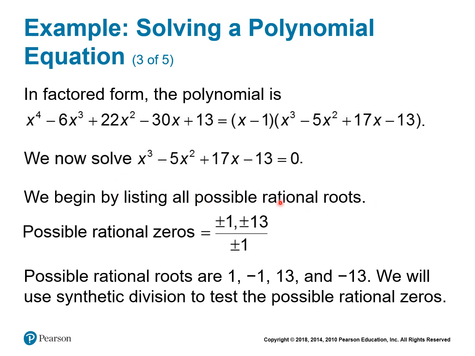We list all possible rational roots. Now this time we have our p equals negative 13 and q equals positive 1. All right, we have to take all factors of negative 13. So it's going to be negative 13 and positive 13, the factors of negative 13.